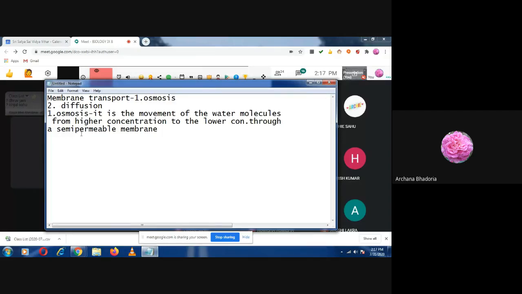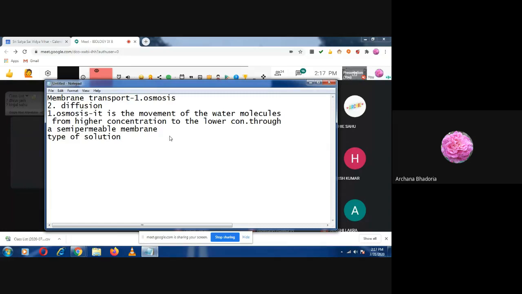Now, how do we come to know that the concentration is high or low, and from where to where it will go? For that, try to understand, this process will depend upon the type of solution. Now you all know that the cytoplasm contains water and all the different substances dissolved in it.